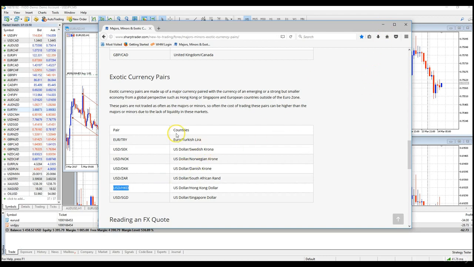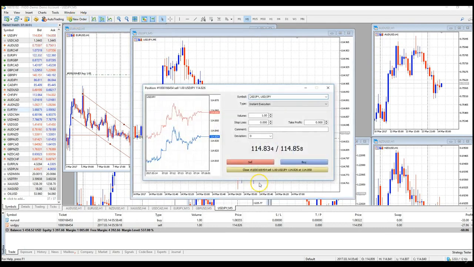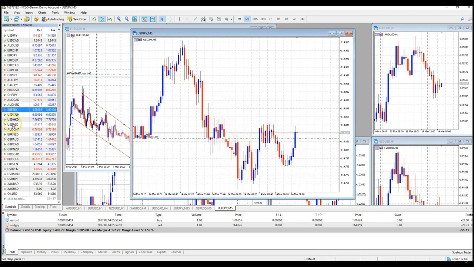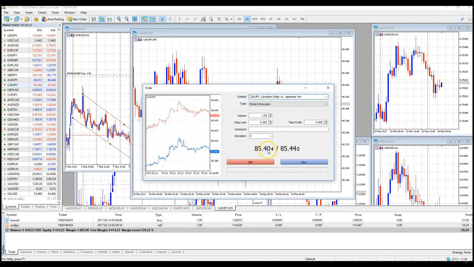Now, the difference between trading majors, minors, and exotics, it's mostly the pip spread. So if we take a look at USD Yen, the pip spread here is about 2 pips. Okay? And let's take a look at a minor. So CAD Yen, the pip spread here is about 3 or 4 pips, give or take.